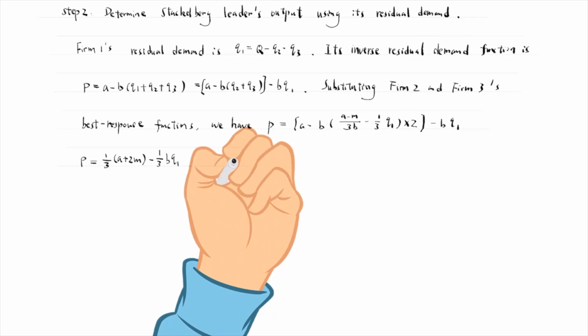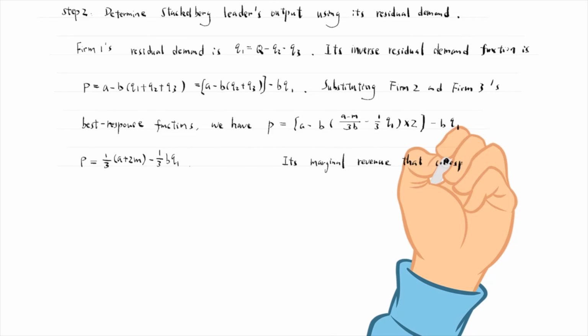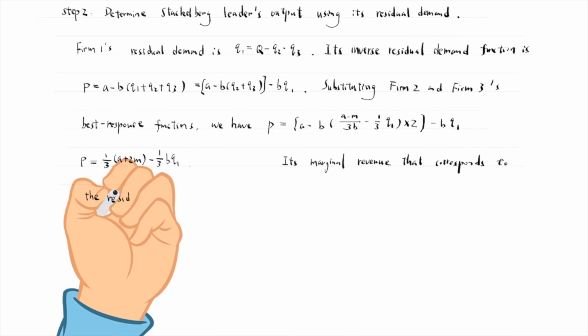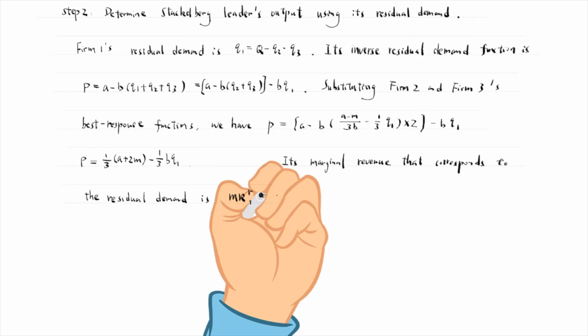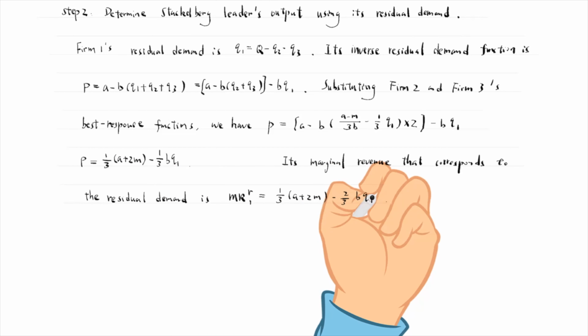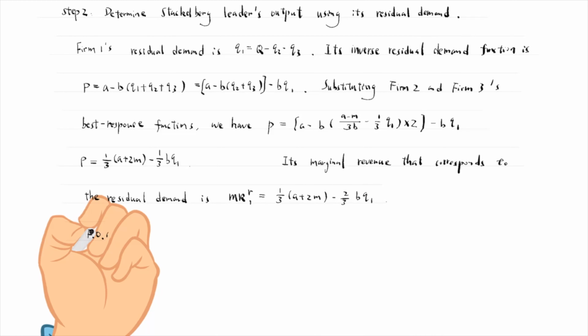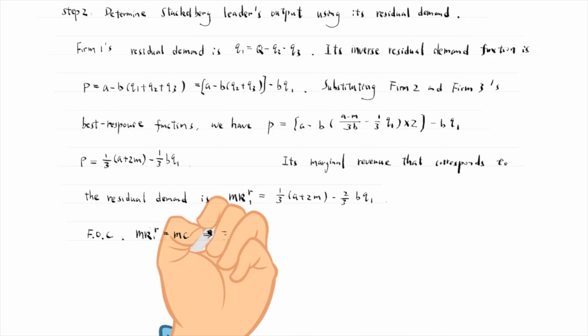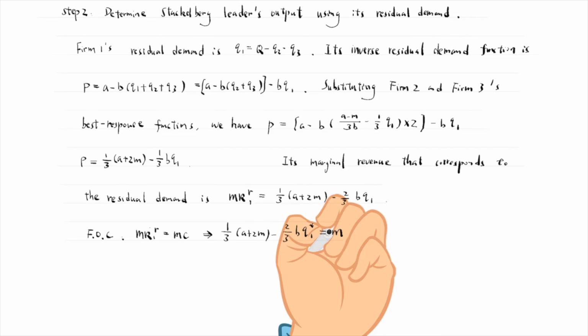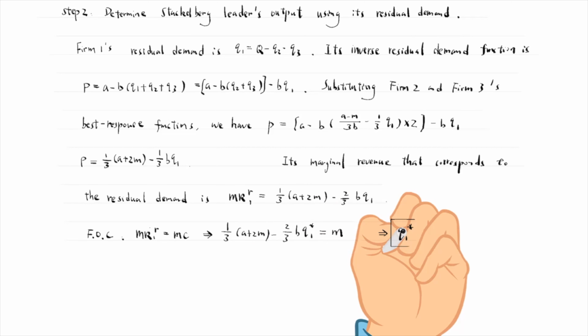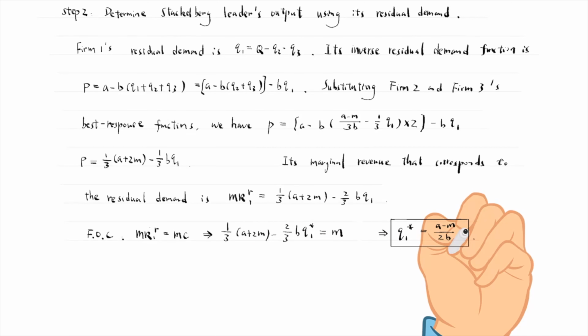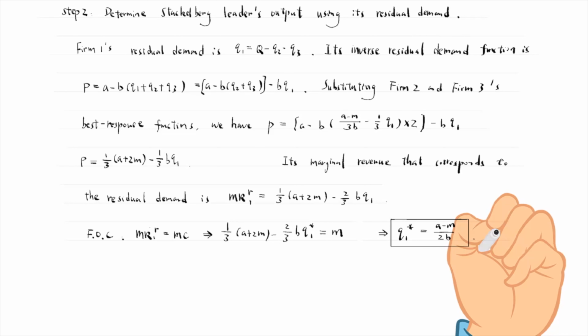Its marginal revenue that corresponds to the residual demand also contains only its own output Q1. The Stackelberg leader operates like a monopoly with respect to its residual demand. The first order condition for profit maximization leads to firm 1's Stackelberg equilibrium quantity Q1 star.